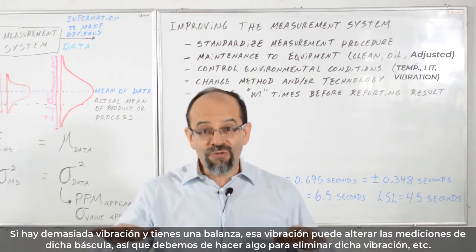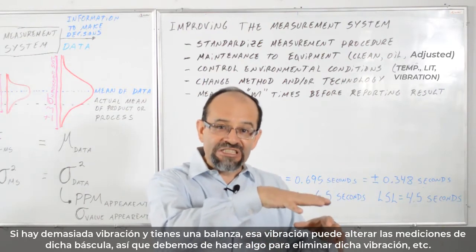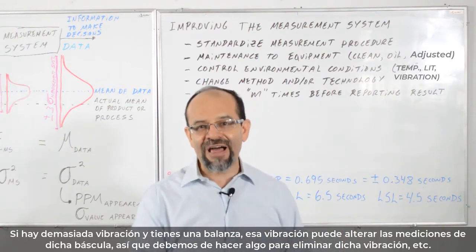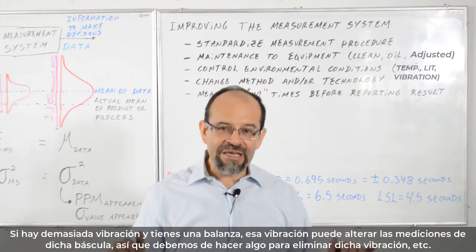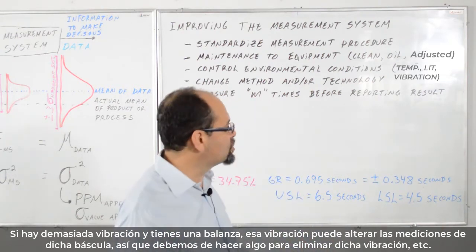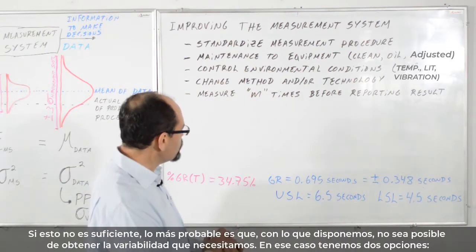If there is a lot of vibration and you have a scale, and because of that vibration the scale can also be changing the values, make sure to do something to eliminate that vibration, etc. So control the environmental conditions.